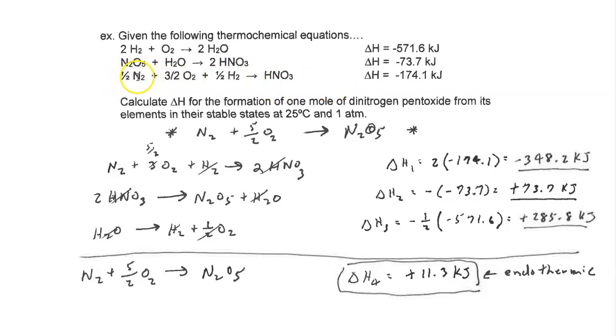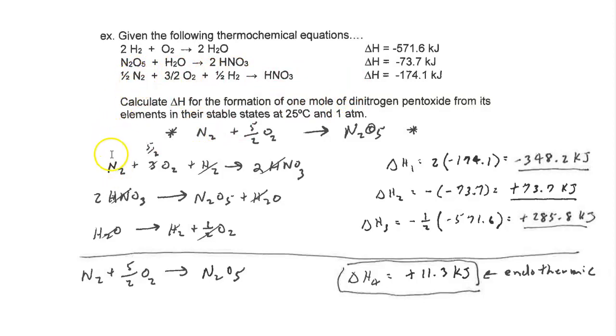All right. When I multiply this equation by 2, what does that do to this delta H? Well, this delta H is twice as much because of the first rule: delta H is directly proportional to the amounts of reactants and products. So it's on the right side, the proper side, which is good, but I need to multiply this by 2, so that's what we did here.